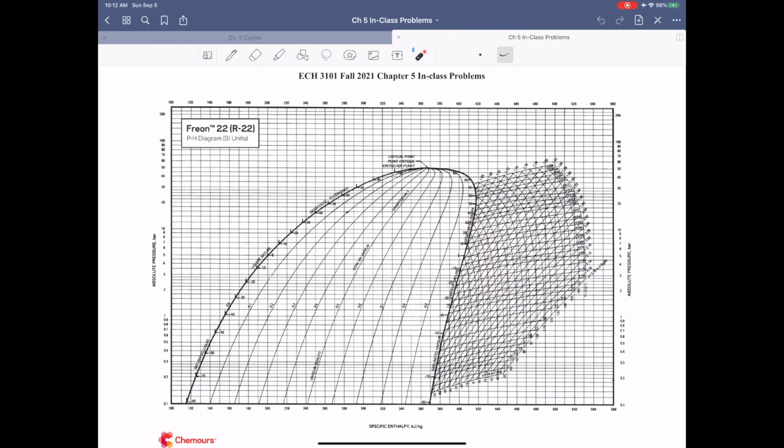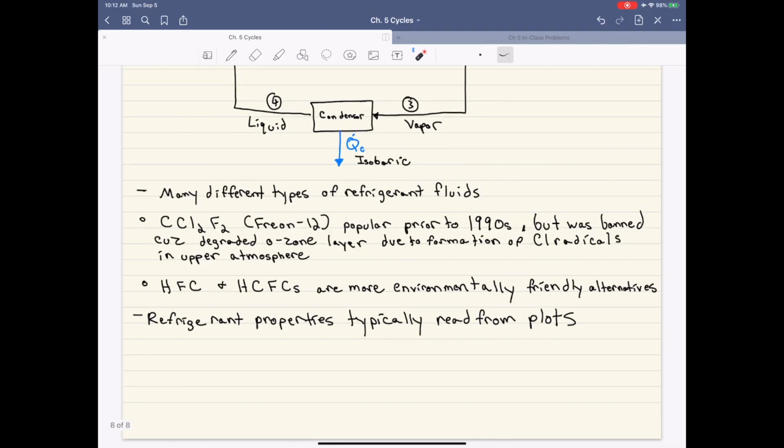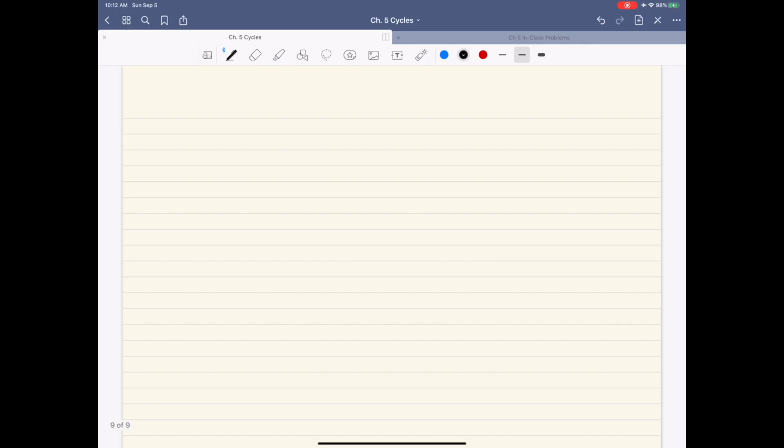The last thing I want to say about the refrigeration cycle real quick is that if you want to quantify the performance of your refrigerator or your air conditioner, rather than talking about an efficiency, with refrigeration we talk about something called the coefficient of performance.